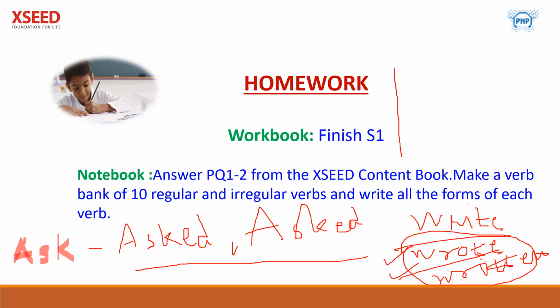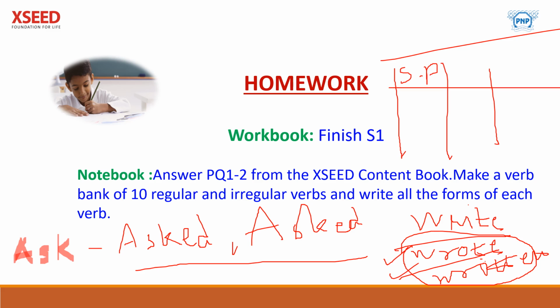You have to make basically three columns. In the first column you are going to write simple present, which we have already seen in the slide. After that, simple past. And the last one is past participle.